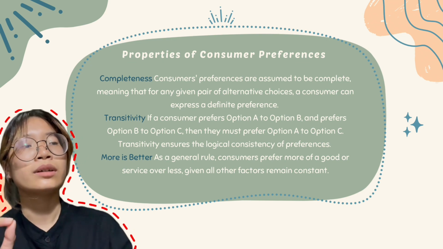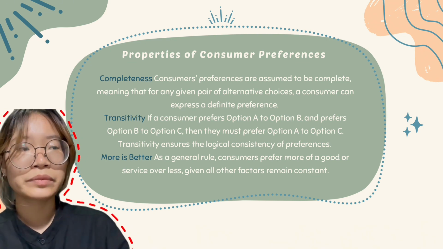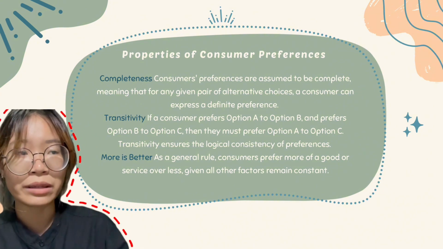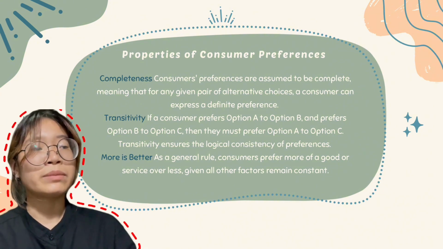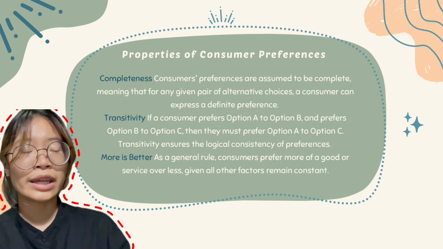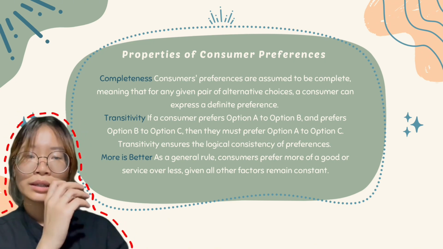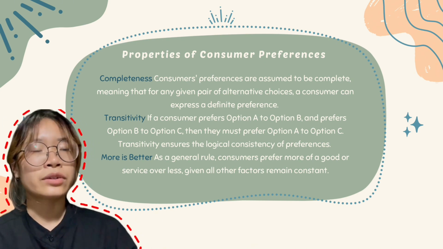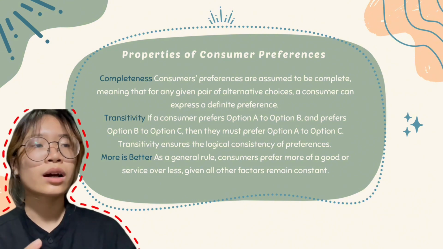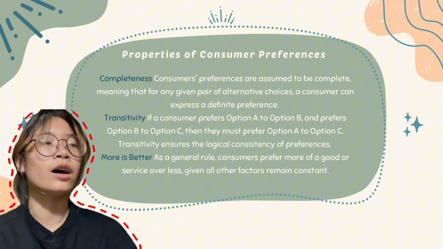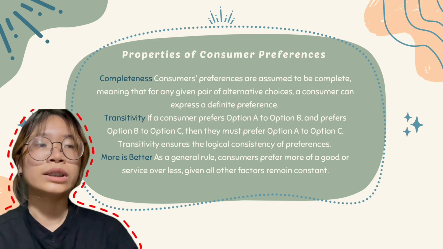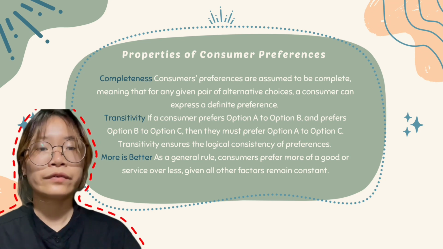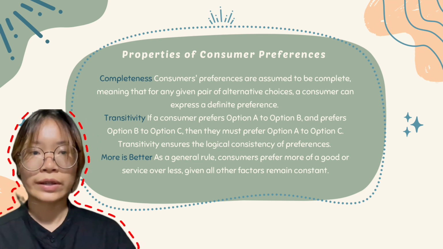If a consumer prefers option A to option B and prefers option B to option C, it means they must prefer option A to option C. The last one, more is better. As a general rule, consumers prefer more of a good or service over less, given that all other factors remain constant.